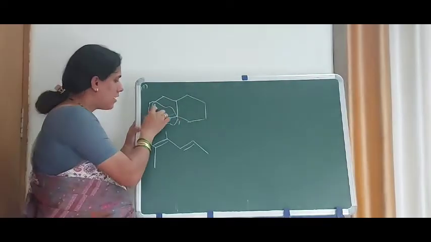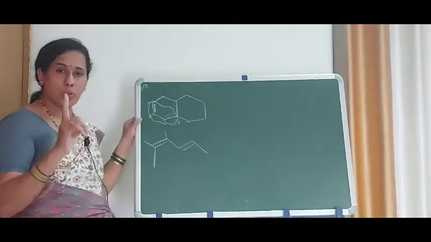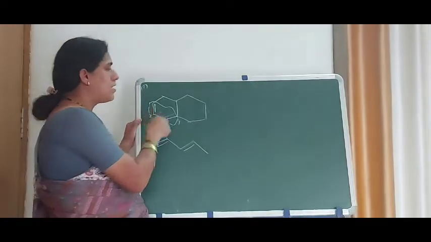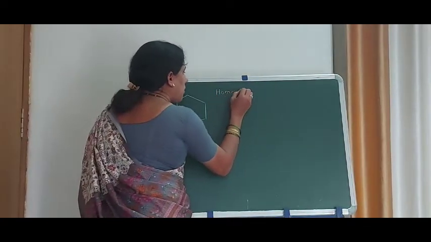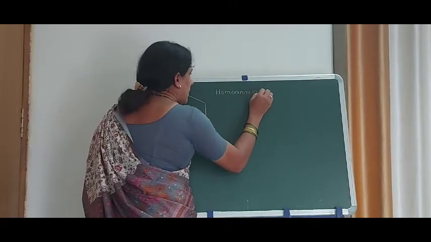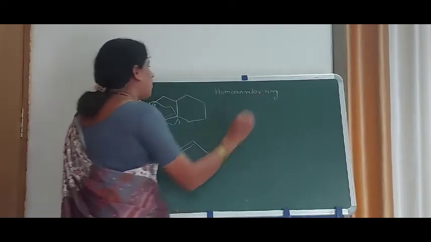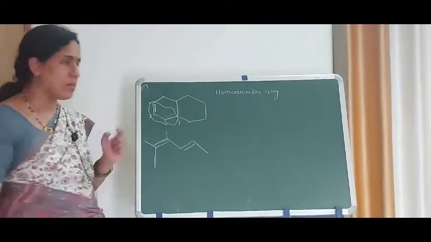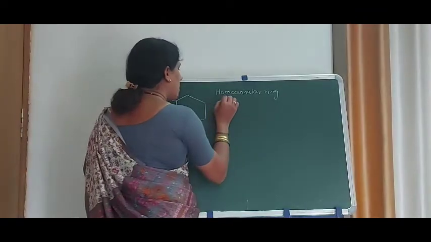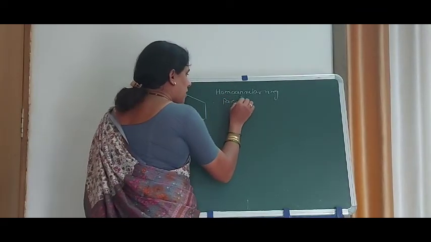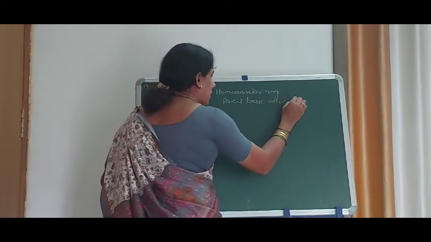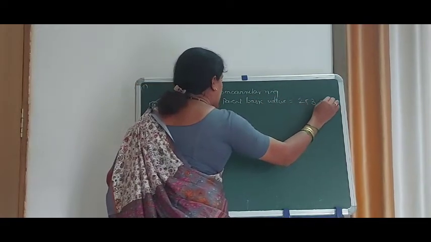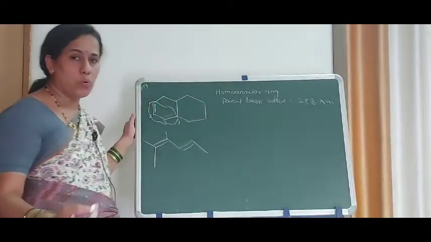Here the 2 double bonds are present in only one benzene ring, so this is called a homoannular ring. And for a homoannular ring, the parent basic value is equal to 253 nanometer according to our Woodward and Fieser formula.